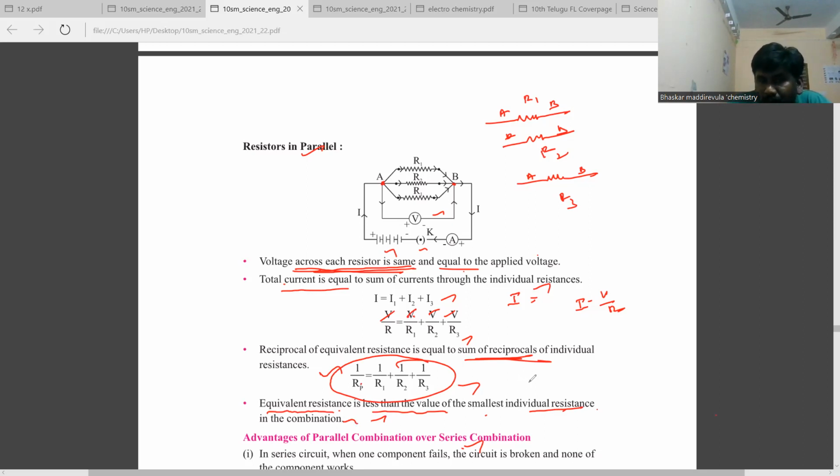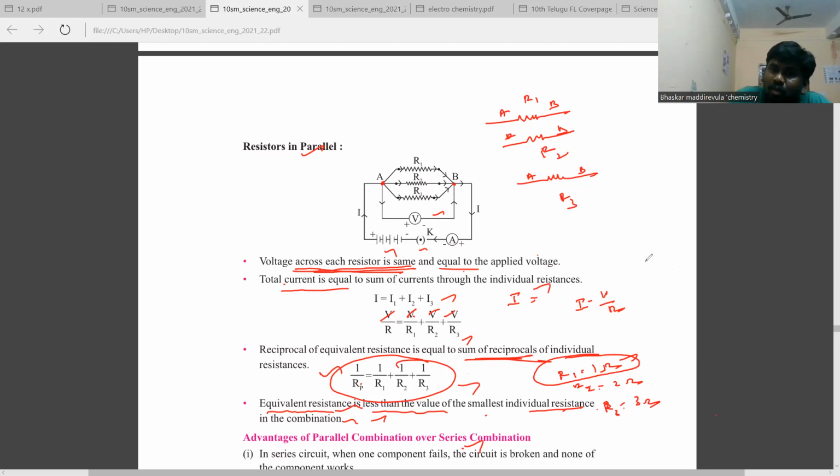For example, we took R1 equal to 1 ohm, R2 equal to 2 ohms, R3 equal to 3 ohms. When these resistors are connected in parallel, the resultant resistance is always less than the smallest individual resistance, that is, less than 1 ohm.